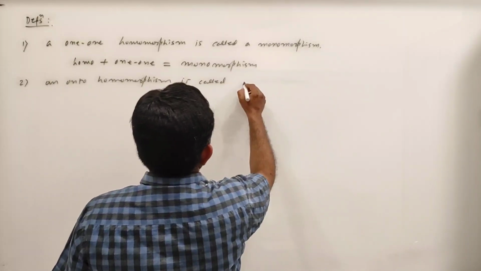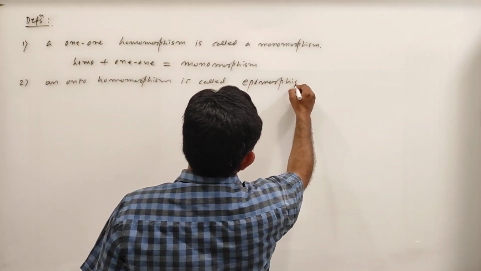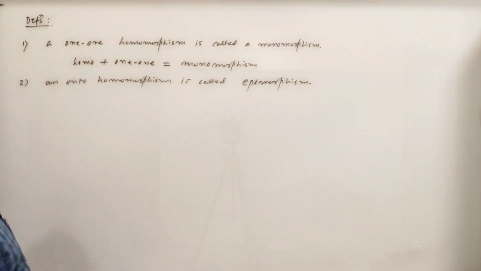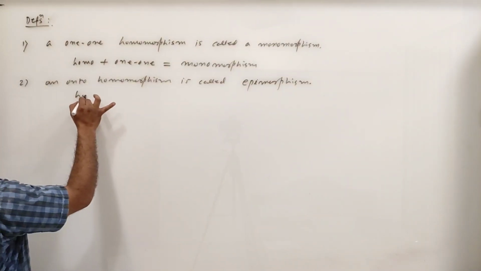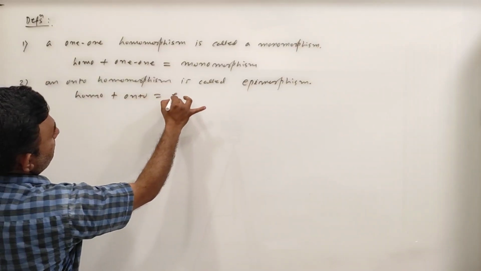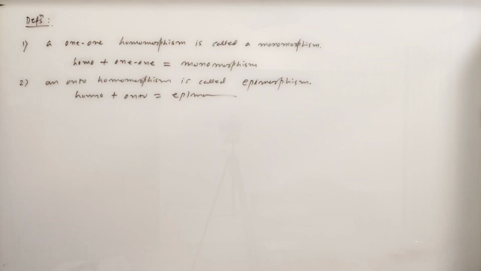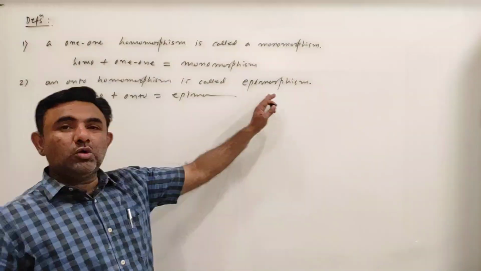It is called epimorphism. So homomorphism plus onto is equal to epimorphism. Again, it is just a variant of homomorphism.